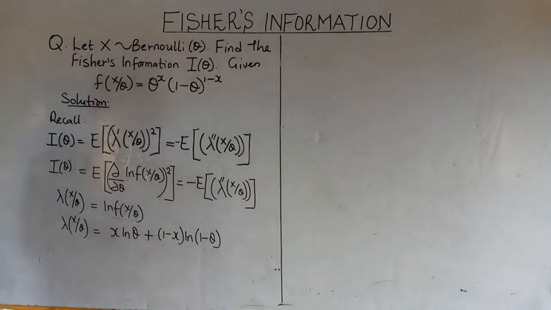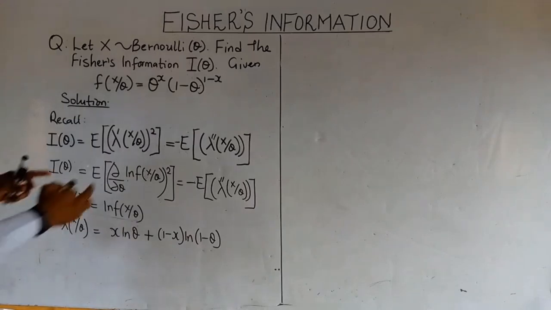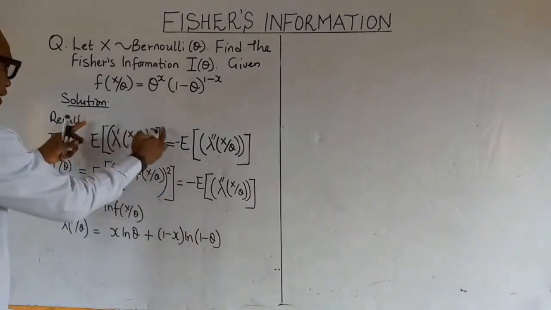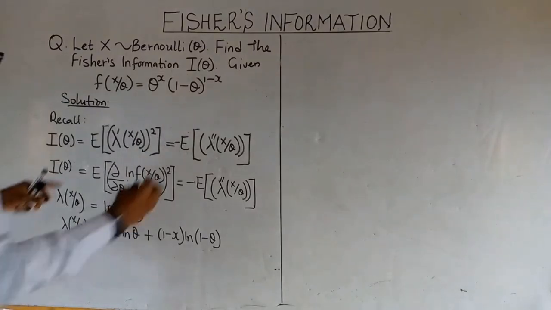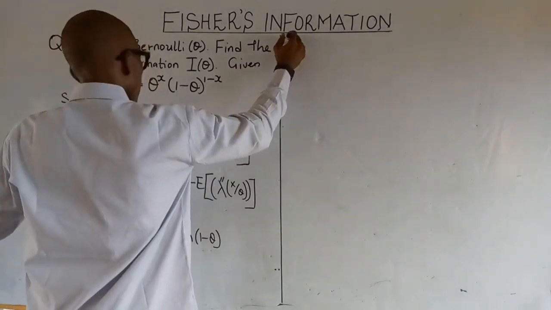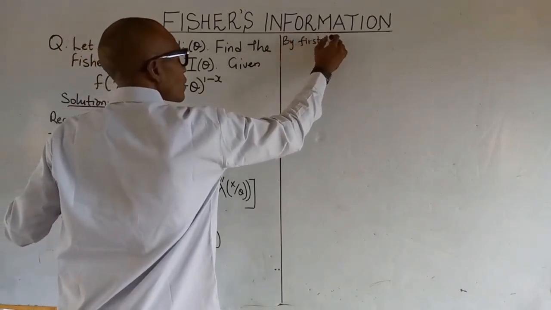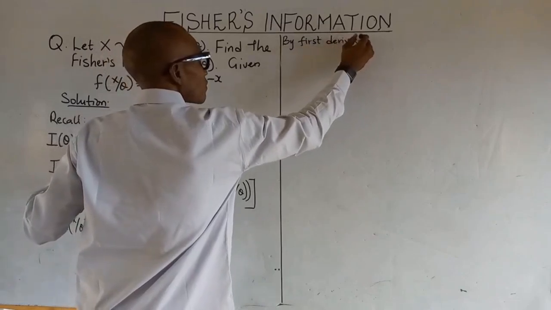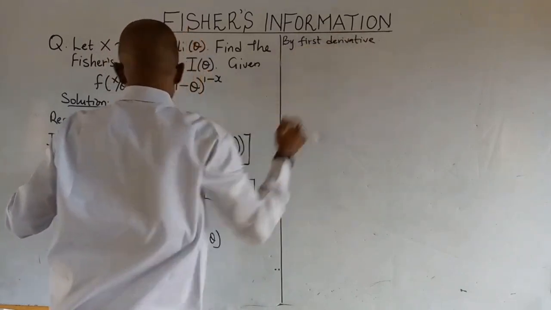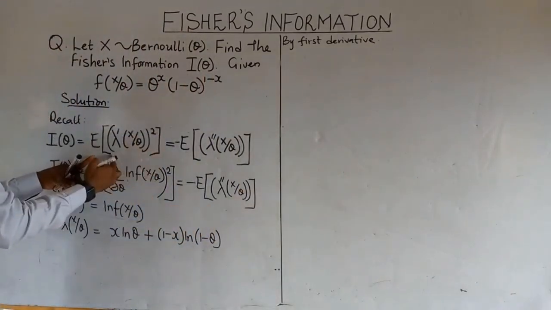We want to write it this way. For this, the first differential, that means the first derivative, the whole of this first.